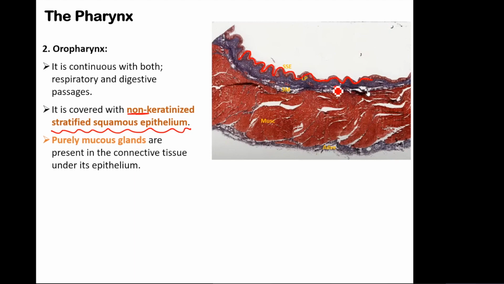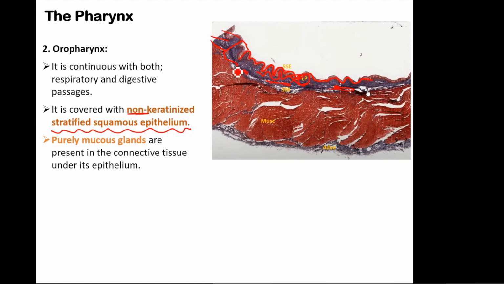And of course, there is a mucus gland located there to lubricate the pharynx. What else do we have? This is the epithelium, supported by lamina propria. Deep to lamina propria, you know the mucosa is composed of three layers: epithelium, lamina propria, and muscularis mucosa. This is the thin layer of muscularis mucosa.